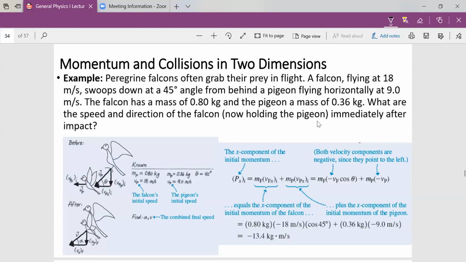Momentum is a vector and it moves in the direction of velocity. So if we have a system with more than one object, we can say the final momentum is going to be the sum of the various momenta, as we stated in our last class.